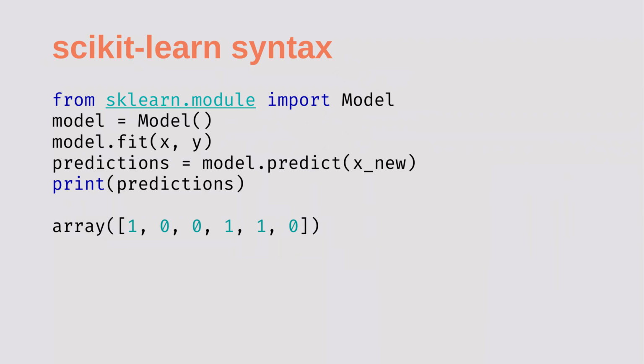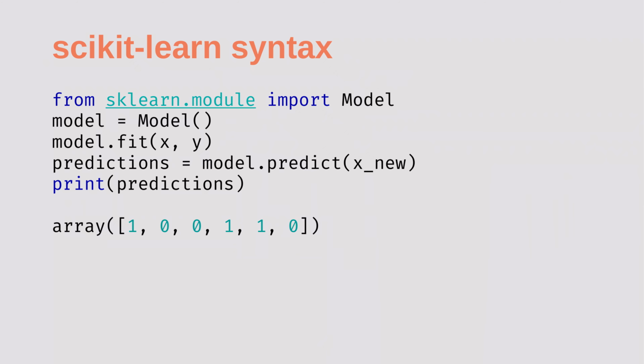Before diving into real-world data, let's get familiar with the general scikit-learn workflow. First, we import a specific model suited for our task from the appropriate sklearn module. Then we create a variable, often called model, and instantiate the selected model class. The model learns patterns by being trained on our explanatory variables X and the response variable y using the .fit method.